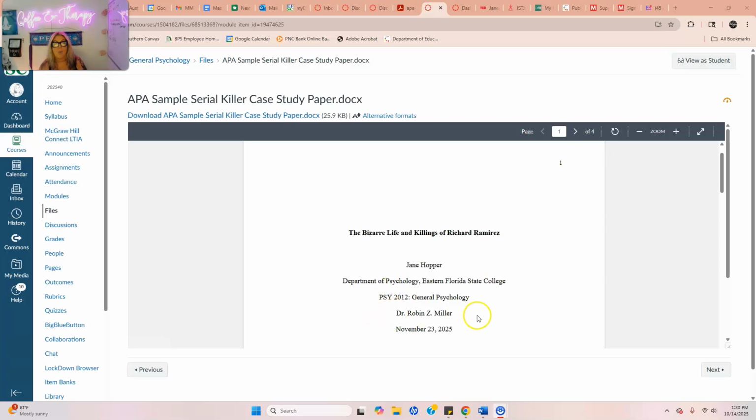And then it's always going to be your instructor or professor's professional name. So if they have a doctorate, it's going to be just like this, doctor, and then whoever it is. If they don't, and let's say I had a master's degree, then it's just going to be Robin Z. Miller. It's not going to be Professor Robin Z. Miller. It's just going to be my name.